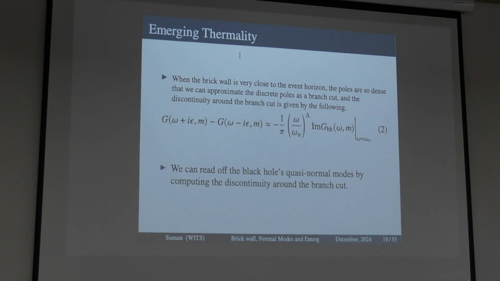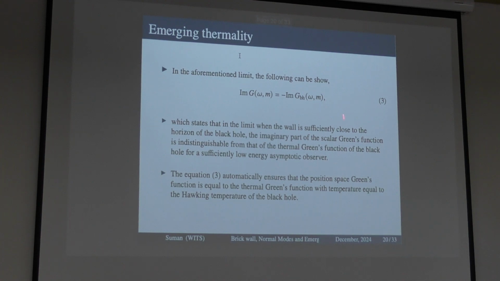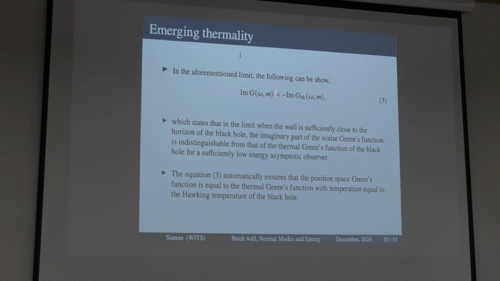So then you can prove that the imaginary part of the equal Green's function is equal to minus the imaginary part of the black hole Green's function. Now, if you compute the position space Green's function, then you will get the same thermal Green's function as you would get for the black hole with the same frequency.